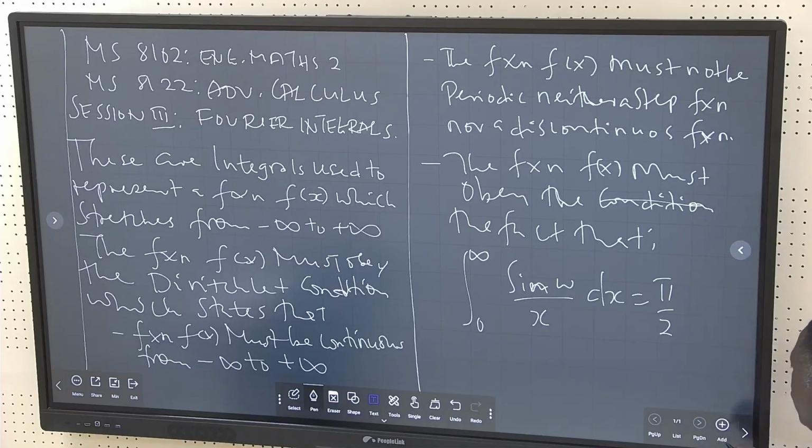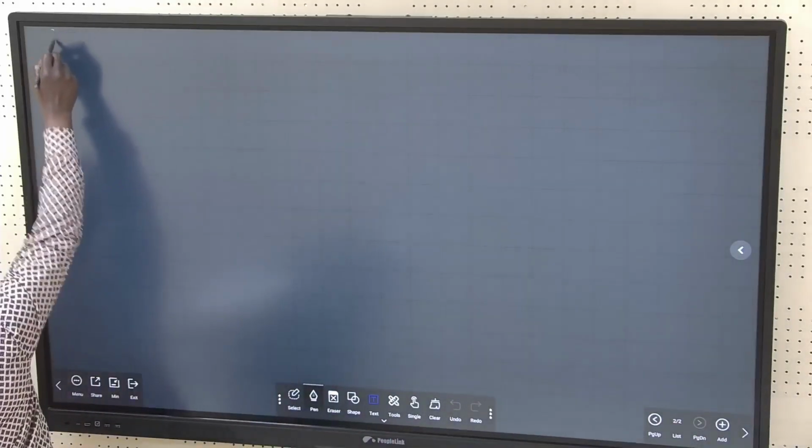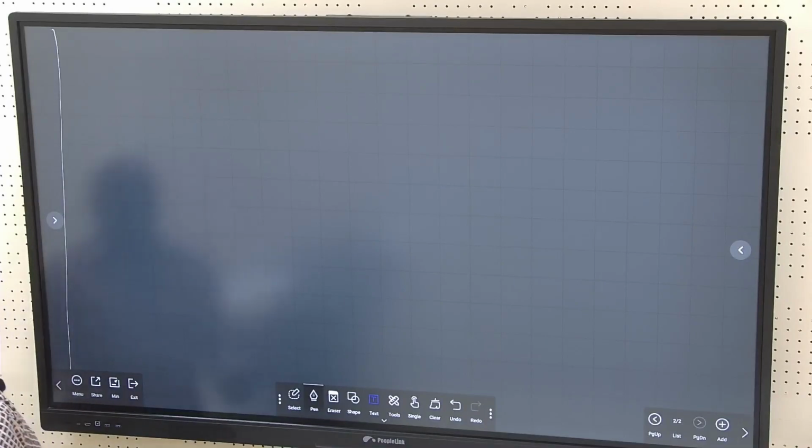So let us see how we can use this Fourier integral.